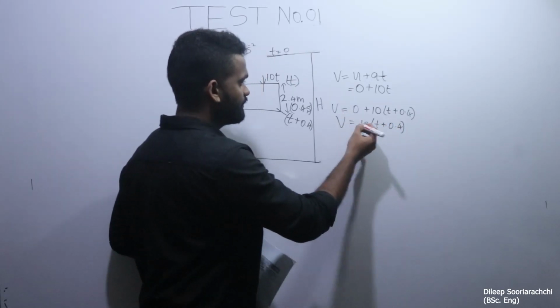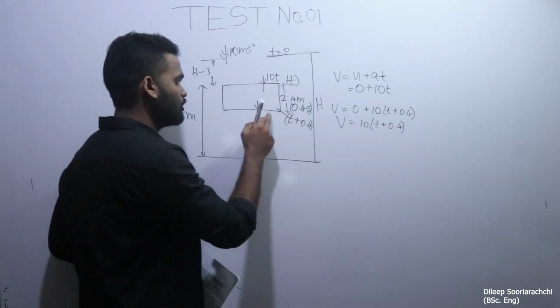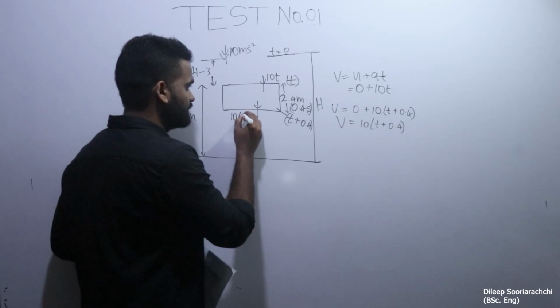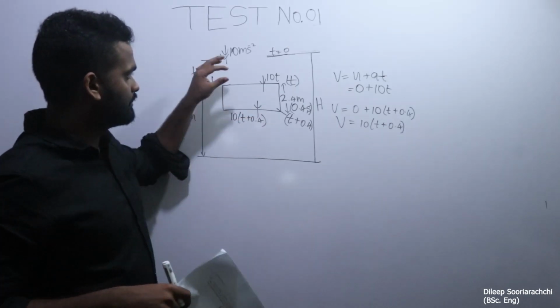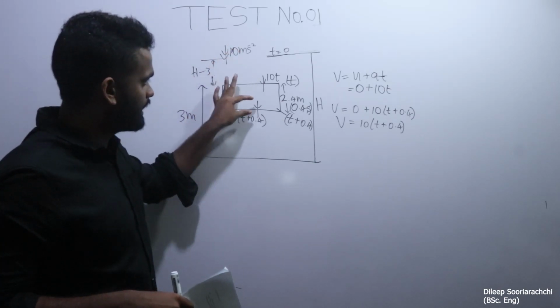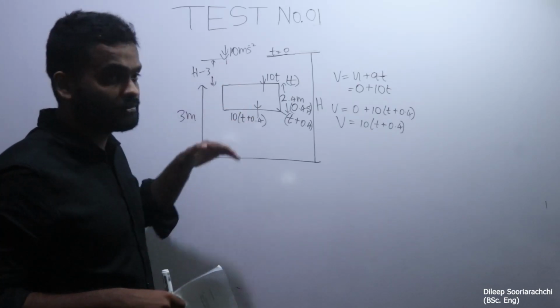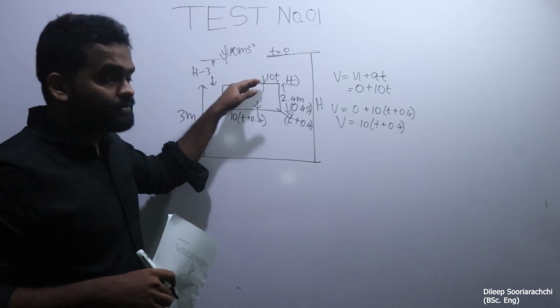So the speed at the bottom edge of the window is 10(t plus 0.4). Now we know the speeds of the mango at the top and bottom edge of the window in terms of time.